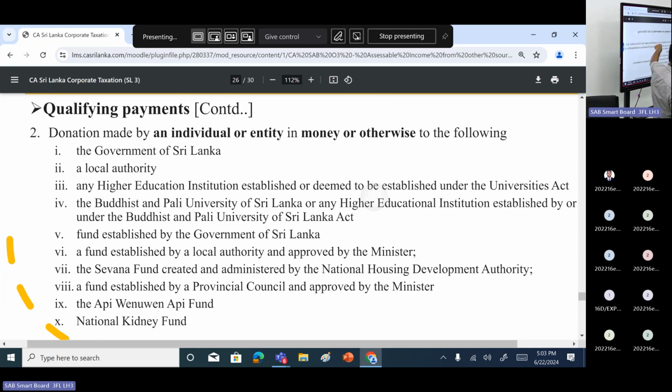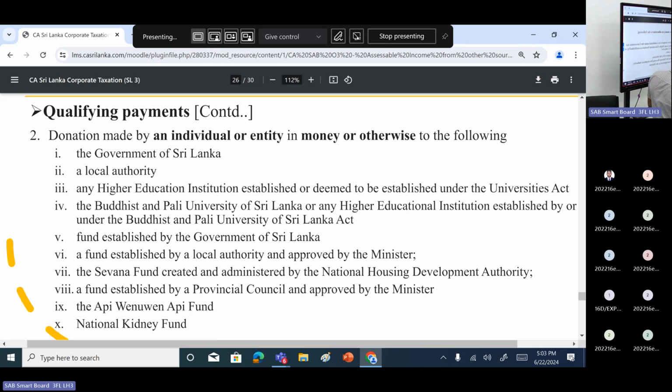A local authority. Any higher education institution established or deemed to be established under the University Act, that sort of thing. Universities approved by the Grants Commission. Also Pirivena and Pali University, or a higher education institution established under the Pali University Act.